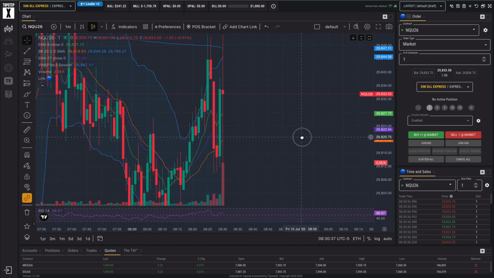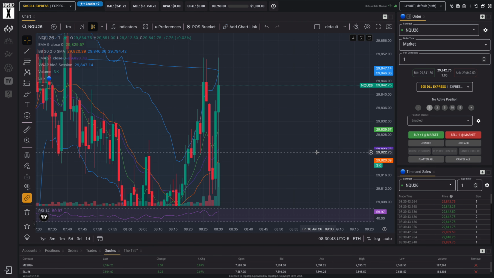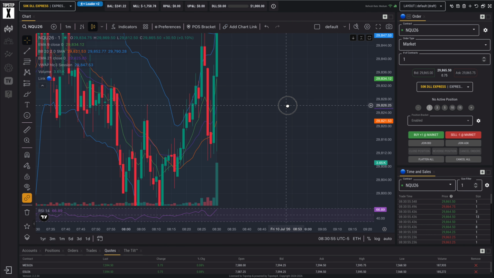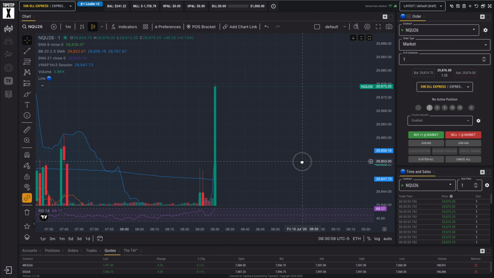So what is price doing right now? Okay, price is pushing up towards the VWAP, then it pulls back. Hasn't broken the VWAP yet. Okay, there's the break. So if the price is trading above the VWAP, if the 9 EMA is above the 21 EMA, that tells us buyers are in control. Volume is showing green.